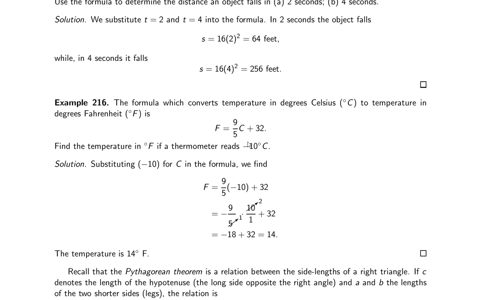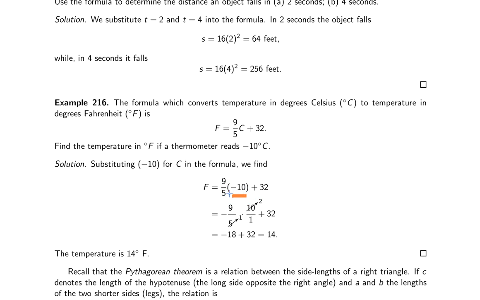Okay, so this is the formula. We're going to substitute negative 10 for C. And here's the substitution. To evaluate this, we're multiplying by a fraction, 9 over 5. So we can make this 10 over 1.